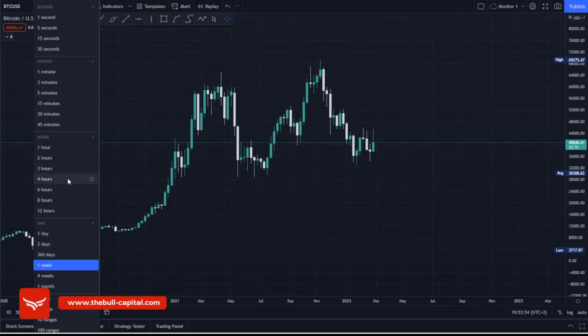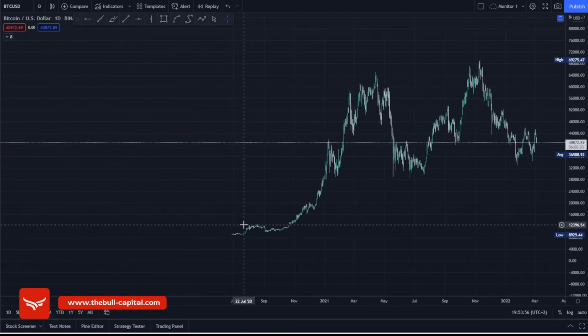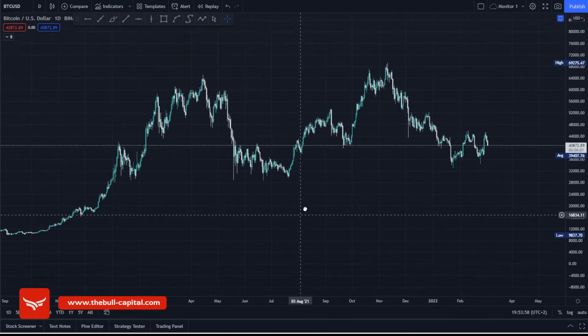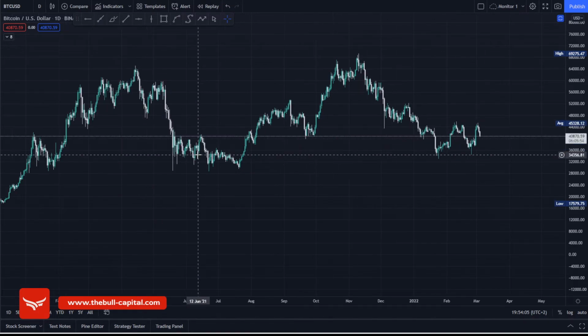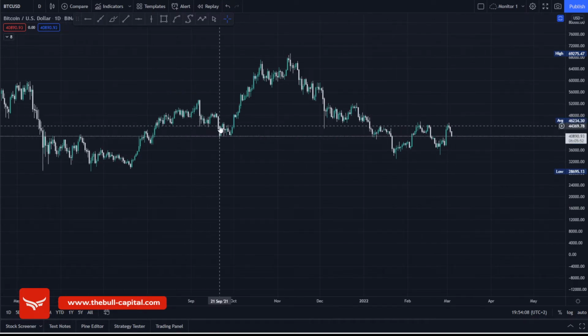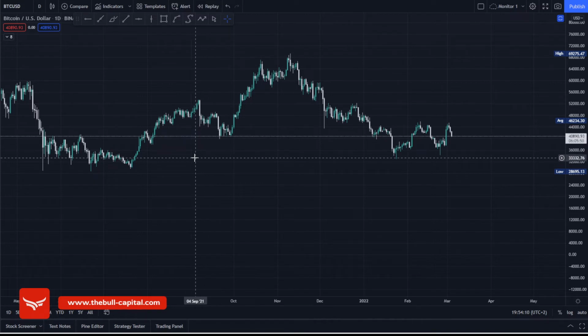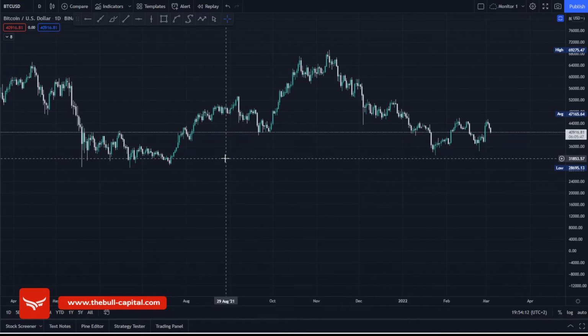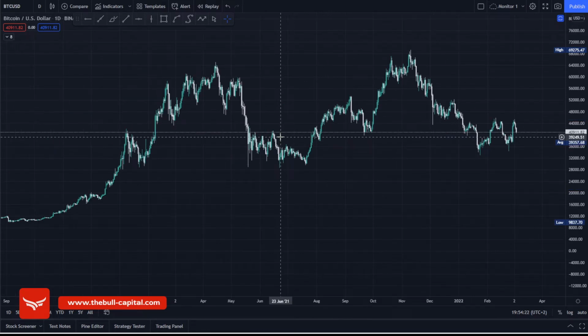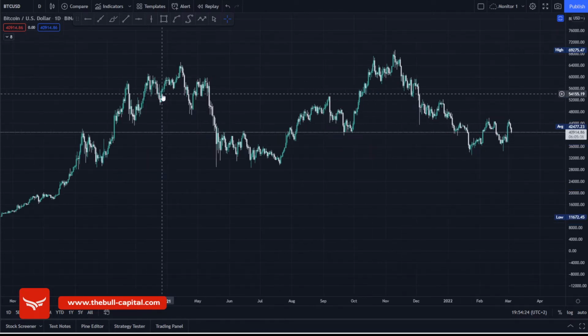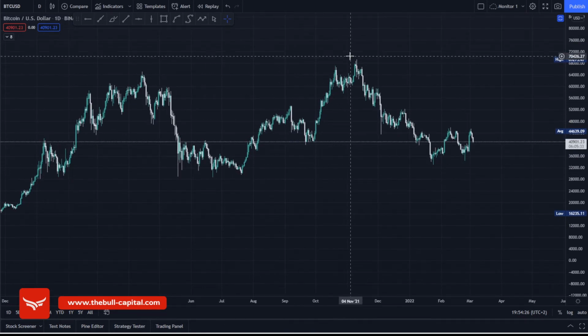Now if we go to daily, you see you have multiple swings. On daily, each candle means 1 day, so it needed 1 day to be formed from the time it opened until the time it closed.